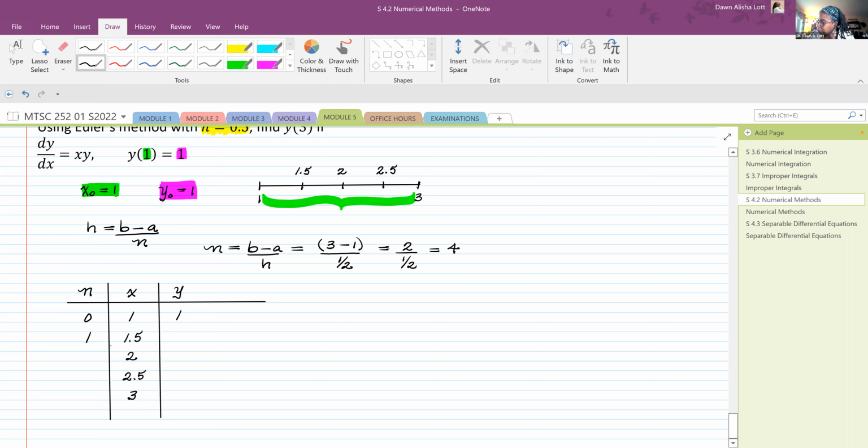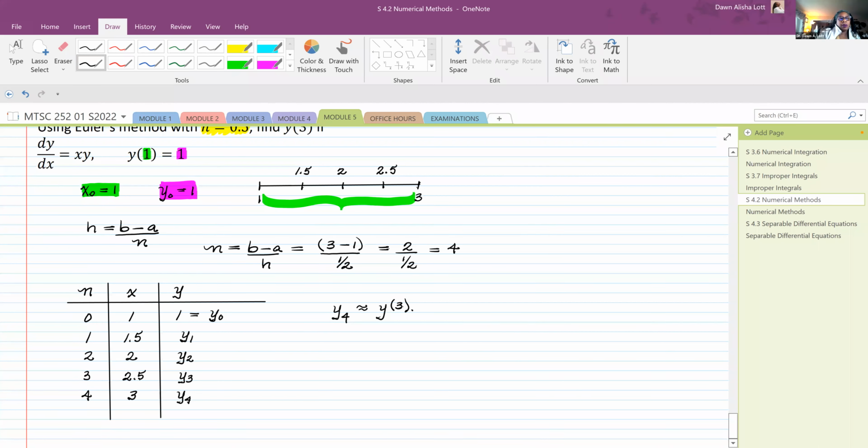So that's my 4 steps. I already know this is y0. So I need to compute y1, y2, y3, and y4. And when I'm done, y4 is going to be my estimate for y at 3. Okay, so that's how I made my chart.